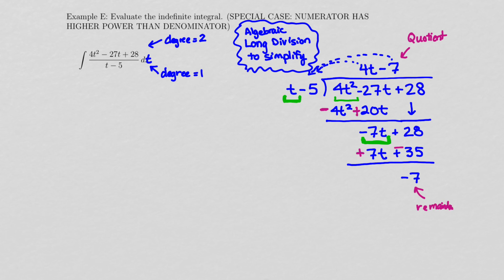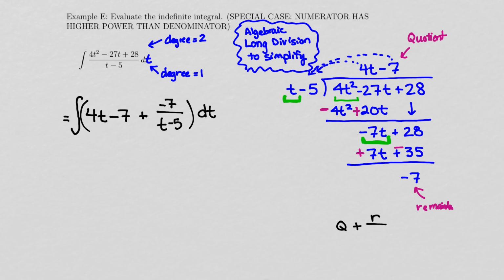And when we rewrite our initial, the initial is always quotient plus remainder over what you started with. So it's always quotient plus remainder over your divisor. In our case, I'll just write down t minus 5.